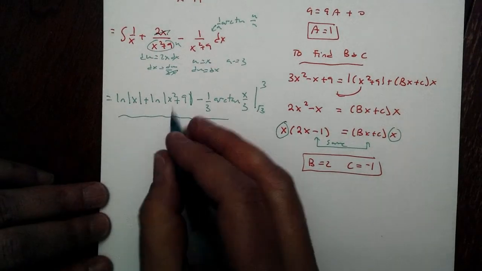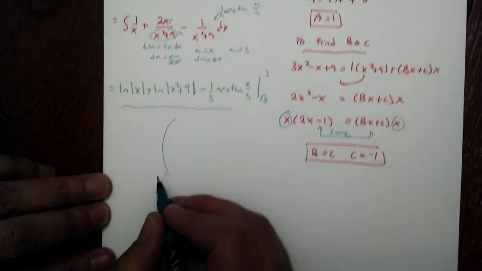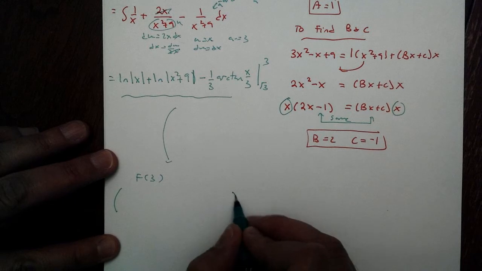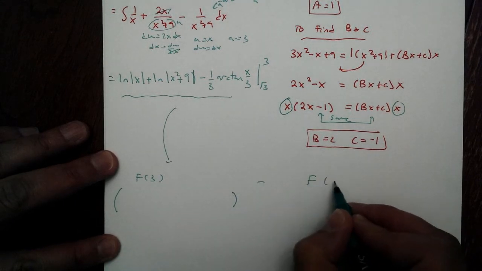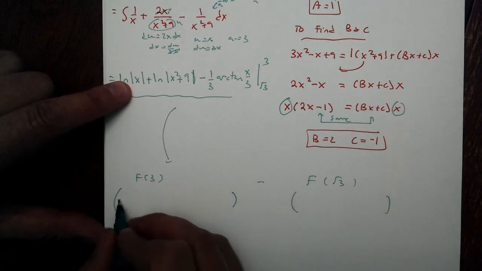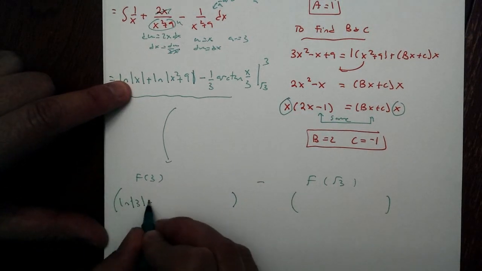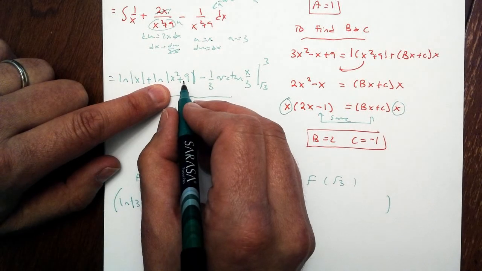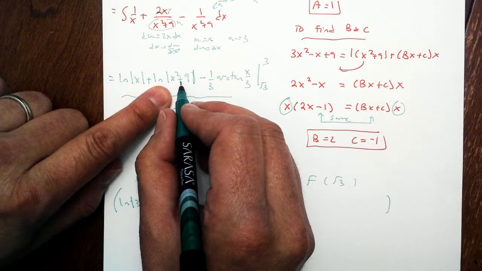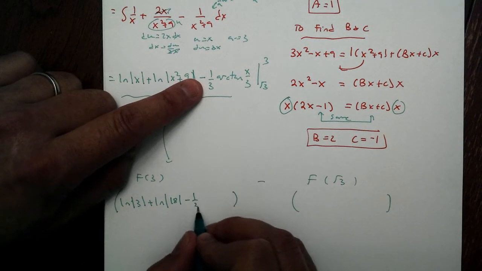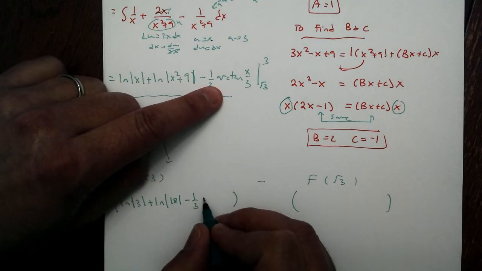And the hits just keep on coming. All right, so what are we going to do? Let's do f of 3, big parenthesis, minus f of root 3. Plug in the 3. We get natural log of 3 plus natural log of, what's that, 9 plus 9, so that's 18, minus 1/3, this becomes the arctangent of 1.